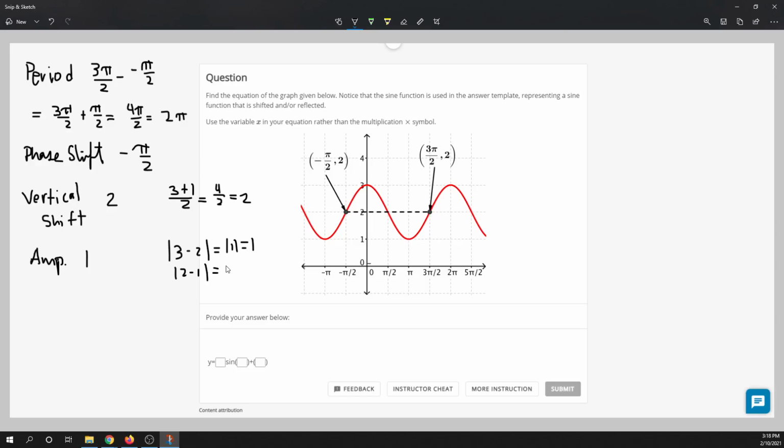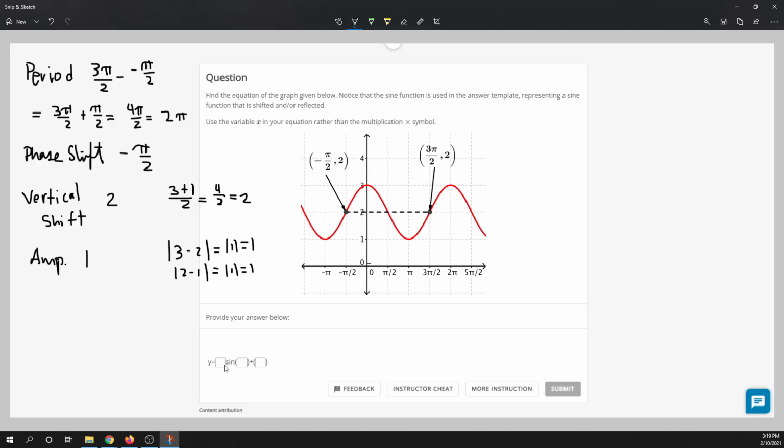So that also comes out to be 1. That will give you the amplitude. Also, you could take half of the distance between the min and the max as well. Okay. So that's the first thing, to get those.